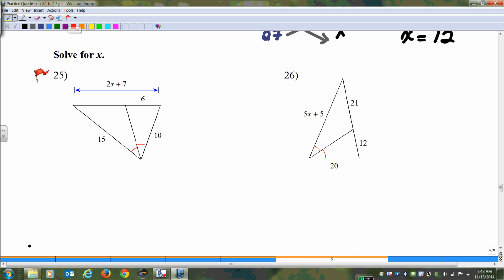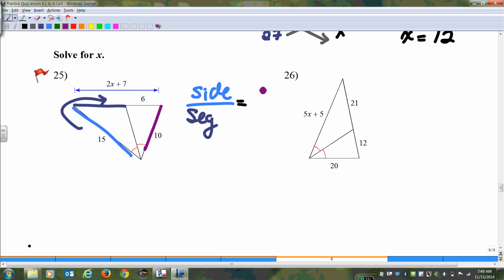This one here, let's go over again what we talked about. It's going to be side over segment equals side over segment.